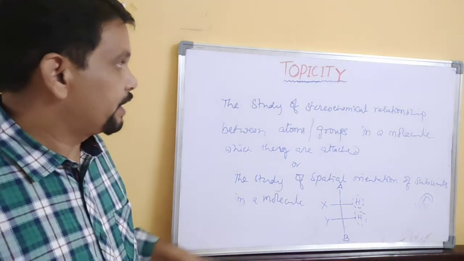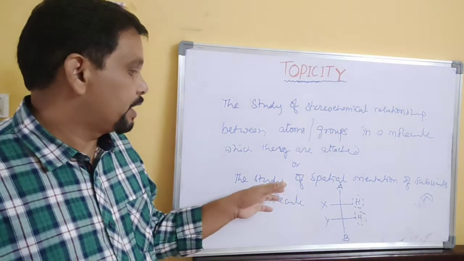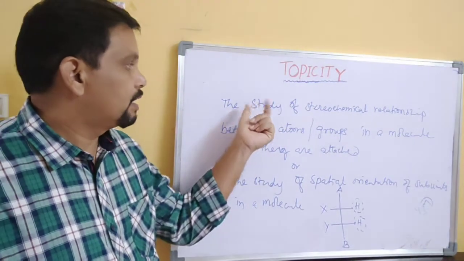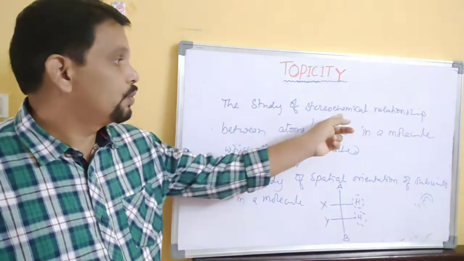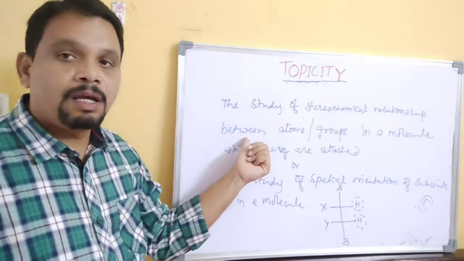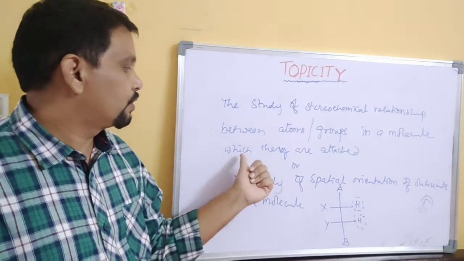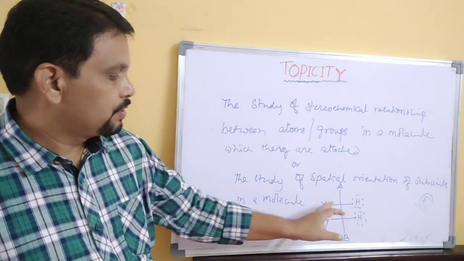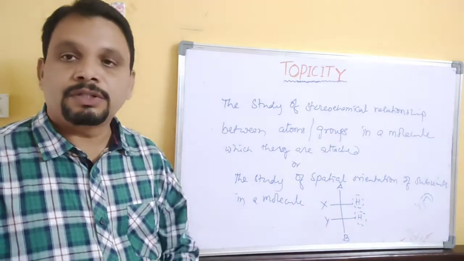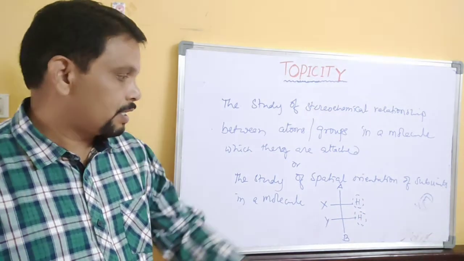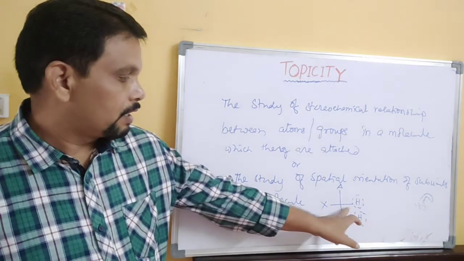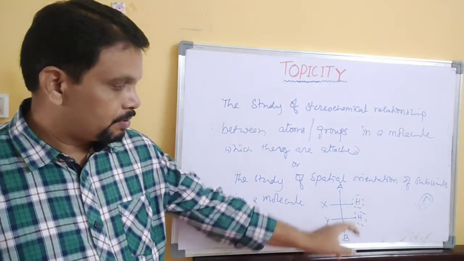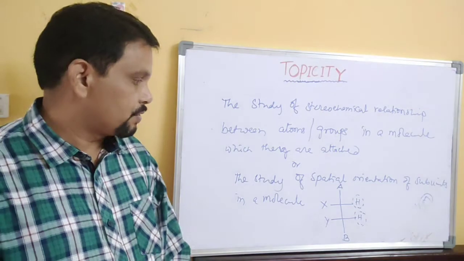Topicity is nothing but the study of the stereochemical relationship between atoms or groups in a molecule to which they are attached. Here A, B, X, Y, H, H are atoms or groups attached in that molecule, at the chiral or stereo centers.